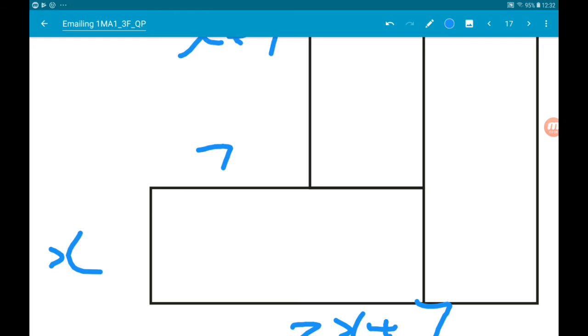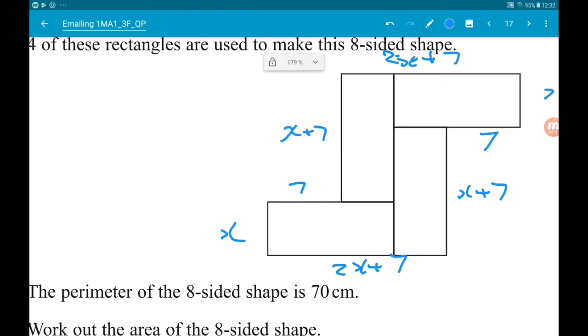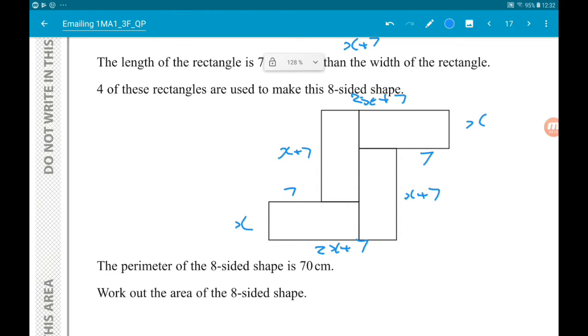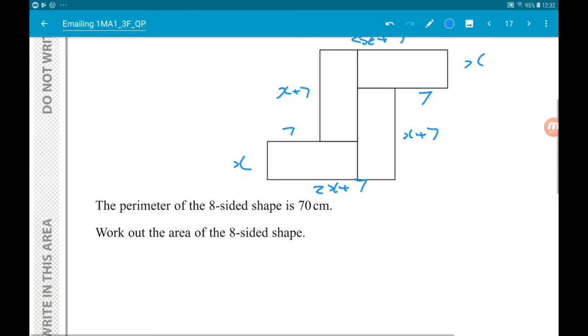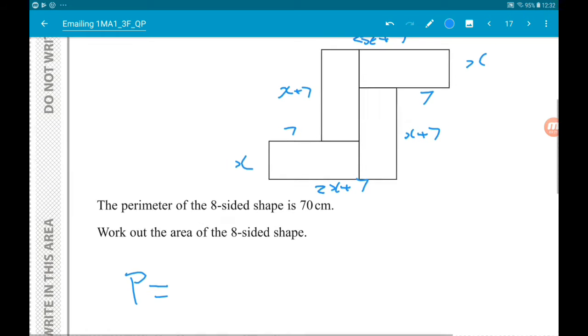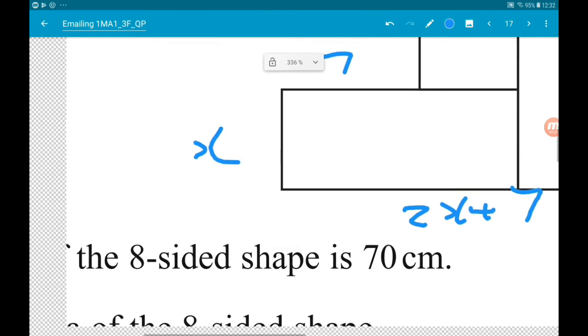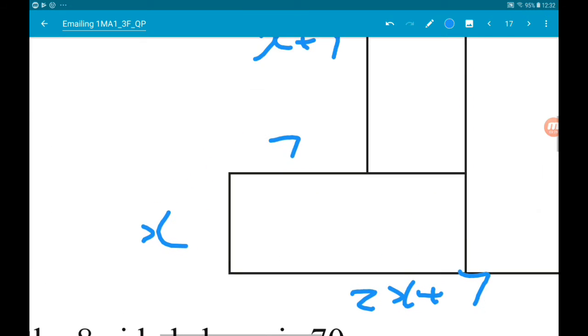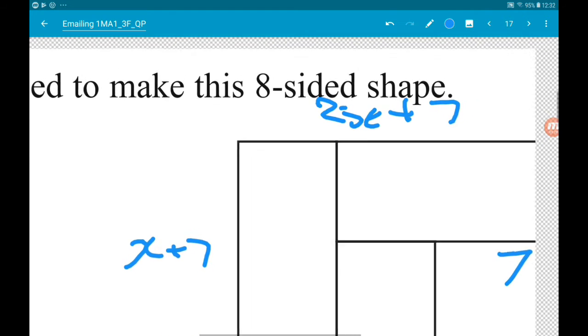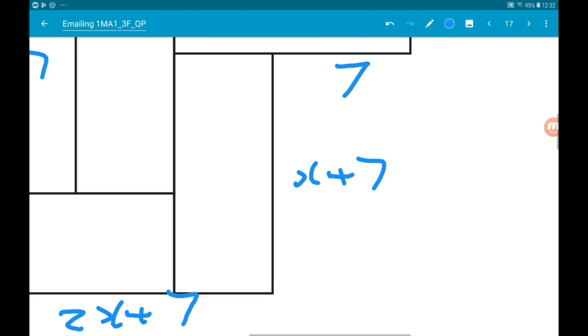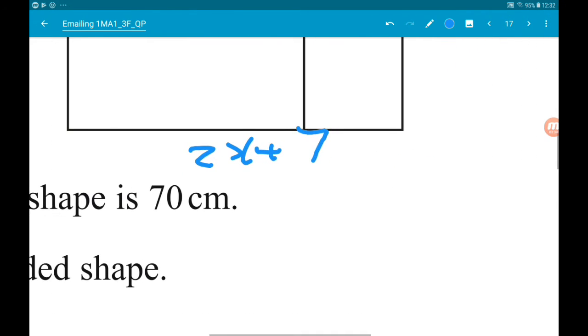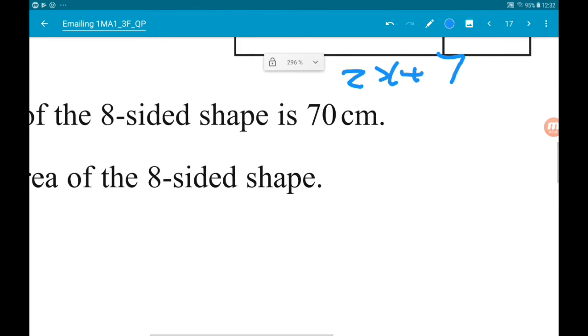Okay, so now that we know all the side lengths, we can work out the perimeter in terms of x. So let's count up all the x's first of all. So 1, 2, 4, 5, 6, 8. So we have 8x.